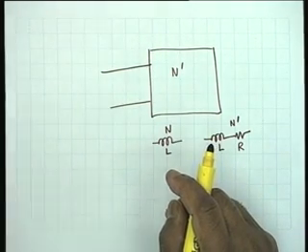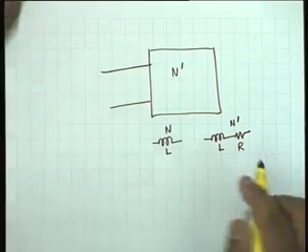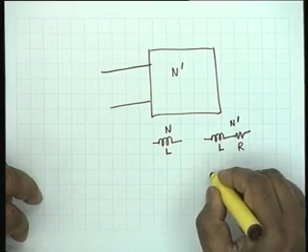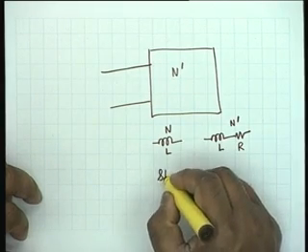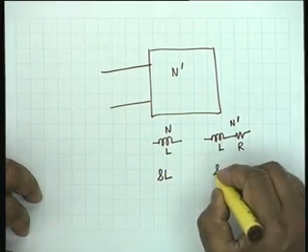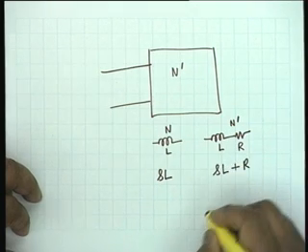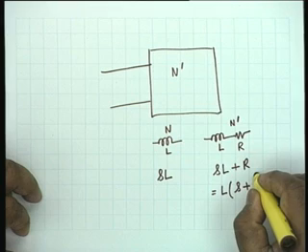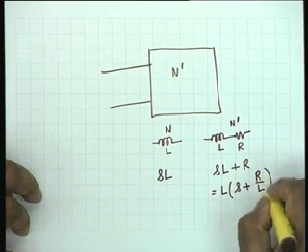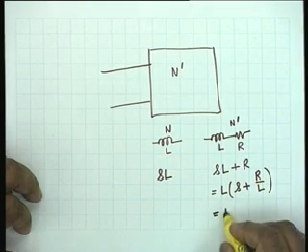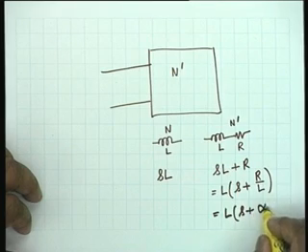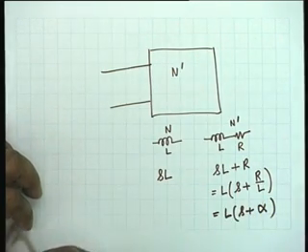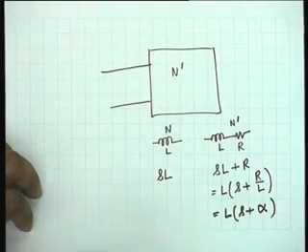In series with every inductance, we put a resistance such that the impedance of this element in N was sL, here it is sL plus R, and I can write this as L times s plus R by L. Agreed? I can write this as L times s plus alpha, let us say, and let the value of alpha be the same for each inductor.